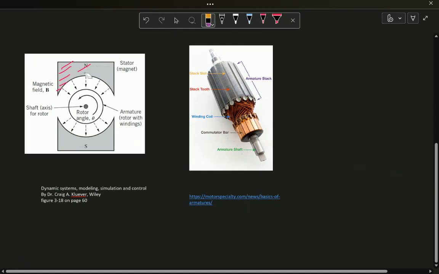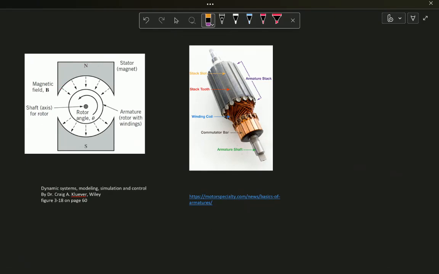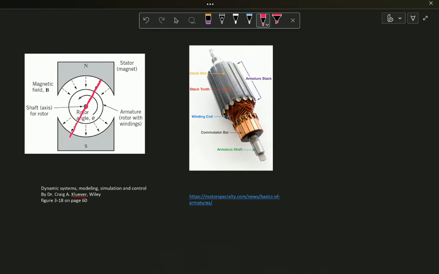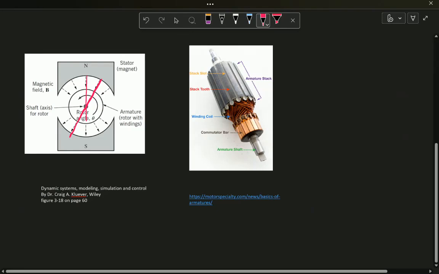The stator is stationary, and you can assume that the stator is a big magnetic field. The stators provide the magnetic field in a specific way so that it is perpendicular to what we call the rotor. All of these magnetic fields are perpendicular to the rotor.